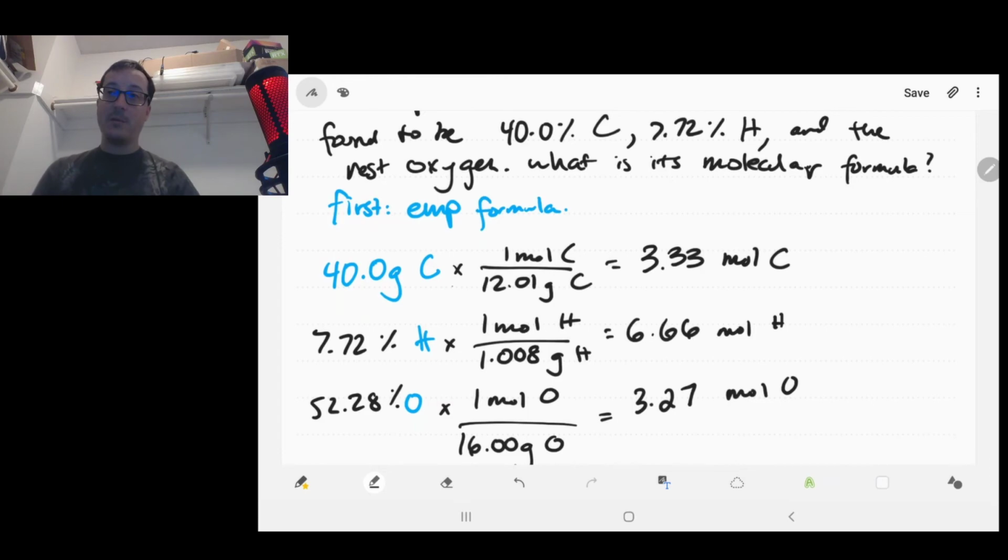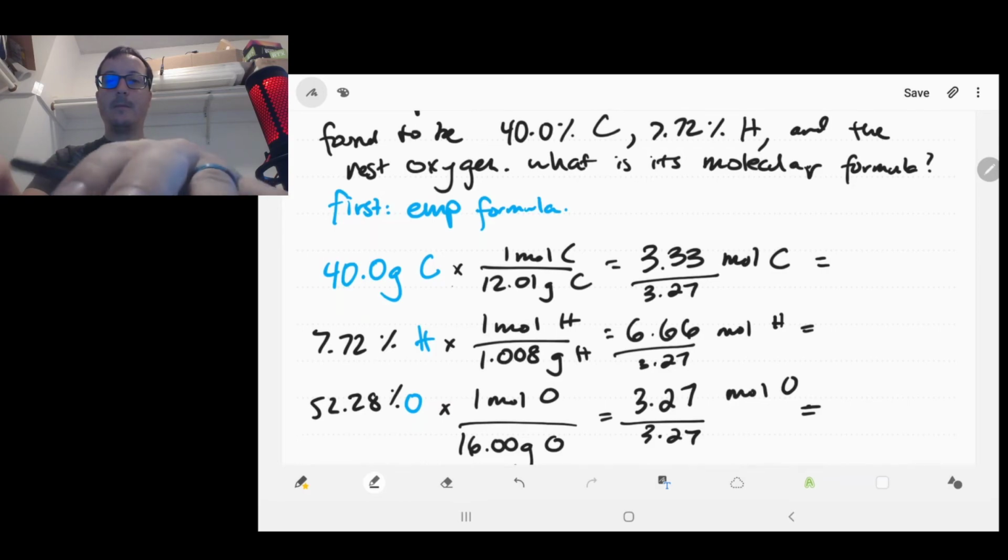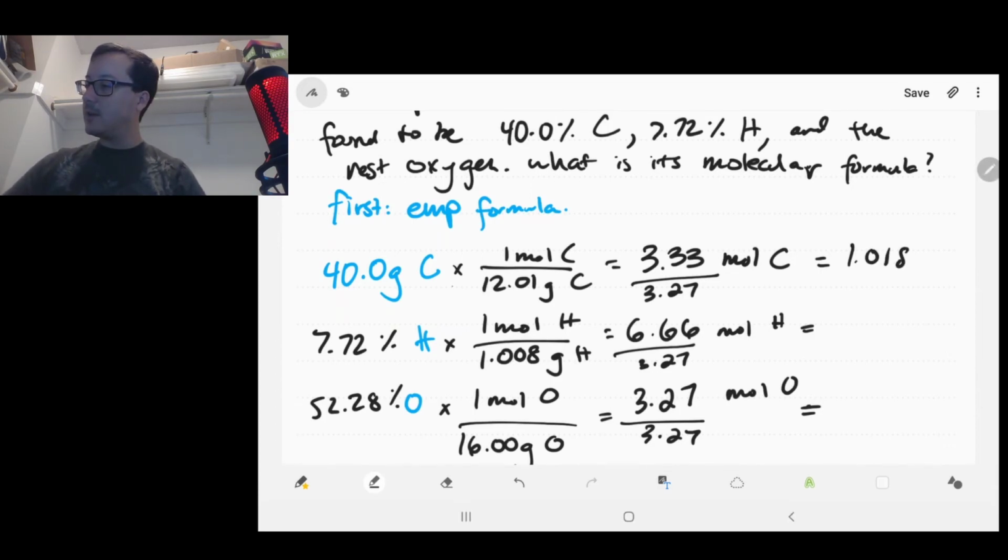Again, here we can probably see it's a 1 to 2 to 1 ratio, but let's go ahead and be diligent and actually divide by the smallest number. And we'll see why we're able to round this one, I hope. 3.27, we get 1.018.